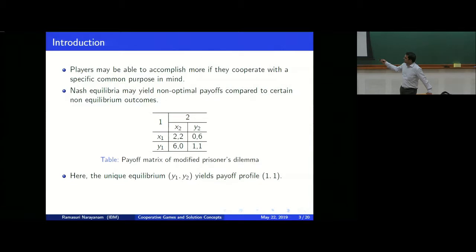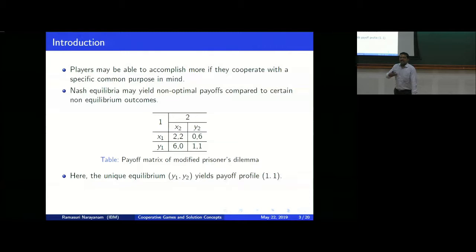they are socially efficient because both players will get a payoff of 2 comma 2. This 2 is greater than 1 and the second payoff, the player 2 gets 2, is also greater than 1. But unfortunately, it is not a Nash equilibrium; players don't believe among themselves and execute this profile x1 comma x2. On the other hand, if players are cooperative to each other, then this may be possible.